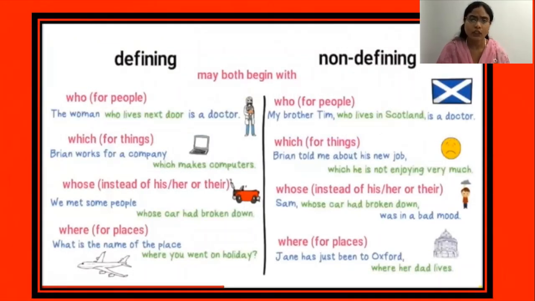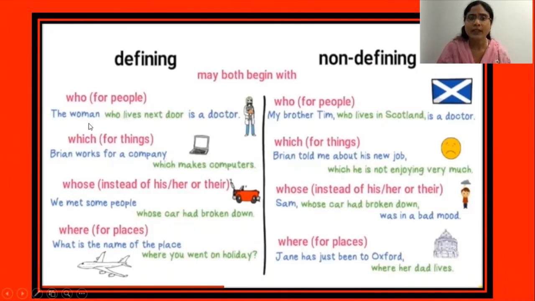Let us check some more examples. Who is usually used for people. Generally we say, who are you? Who refers to people. Here in this example, the woman who lives next door is a doctor. Who refers to the woman who lives next door to me and she is a doctor.